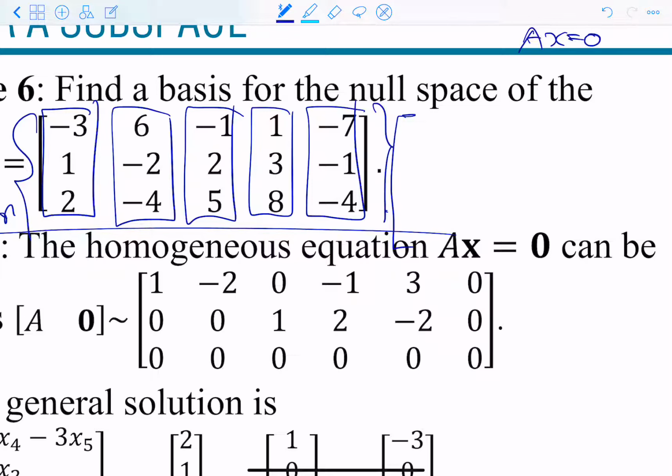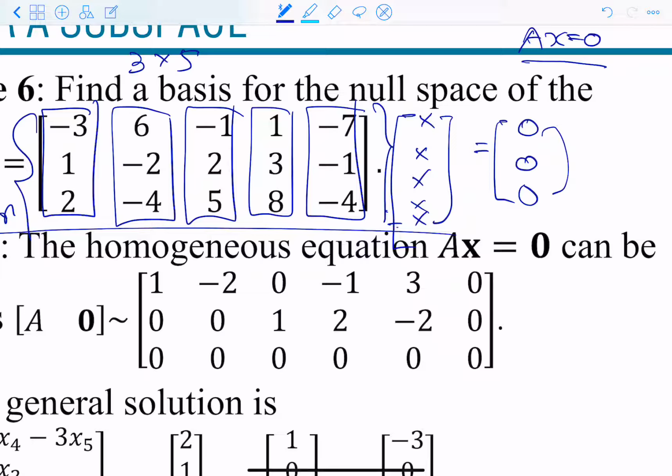We need five numbers, because A is 3 by 5, and X should be a 5-dimensional vector to have a solution for this homogeneous linear system.